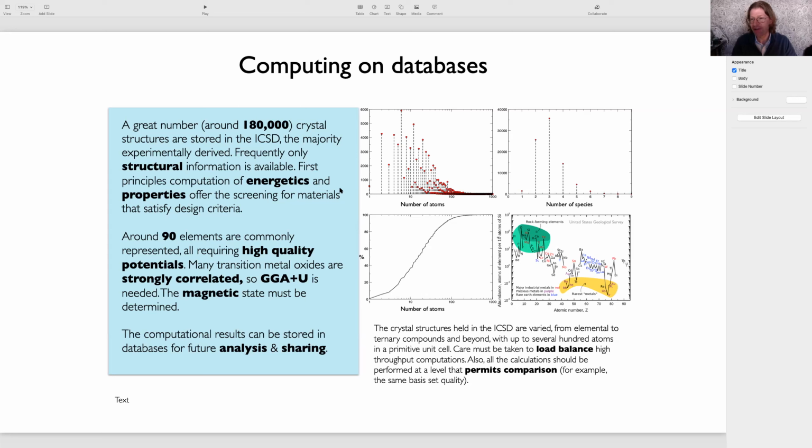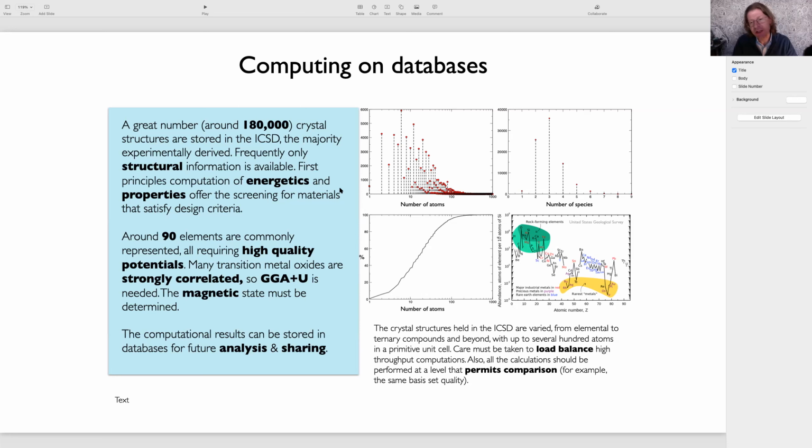You can do those calculations rapidly. If you push it onto a big computer with plane wave DFT codes, you can get up to 1,000 atoms or maybe even beyond, but you're not going to do that very often. So the sweet spot for plane wave DFT calculations is about 100 atoms in a cell, and that just happens to catch most of the ICSD crystal structures.